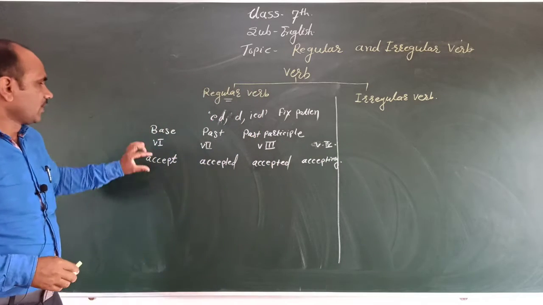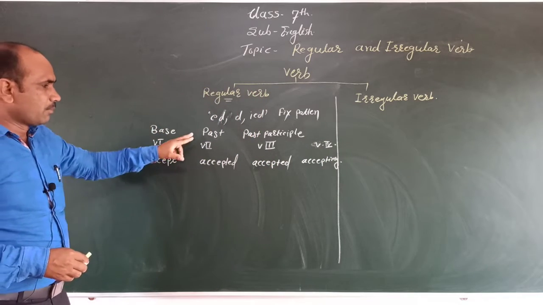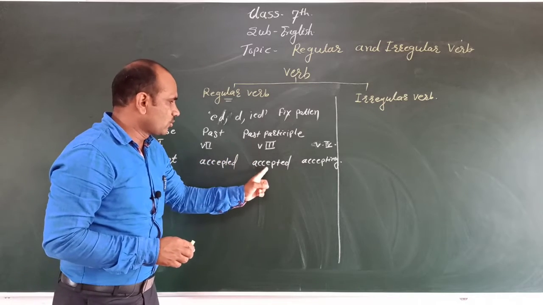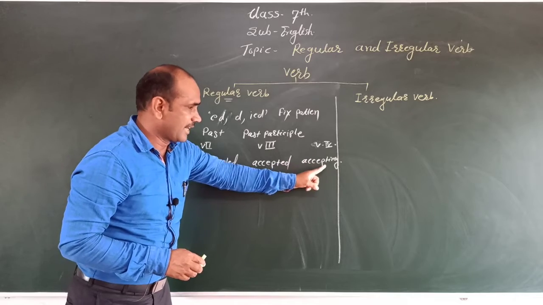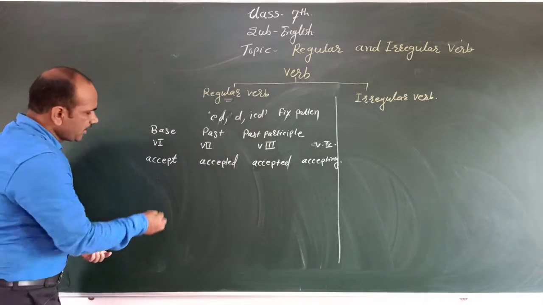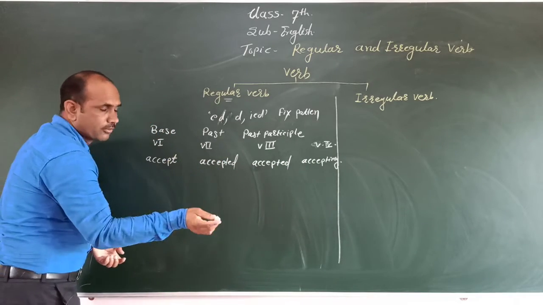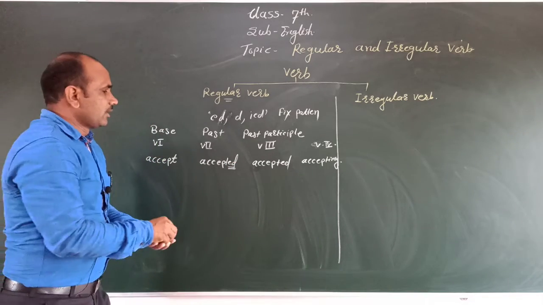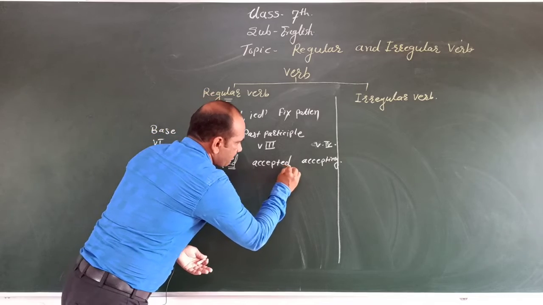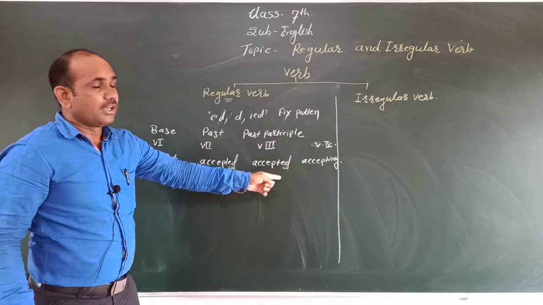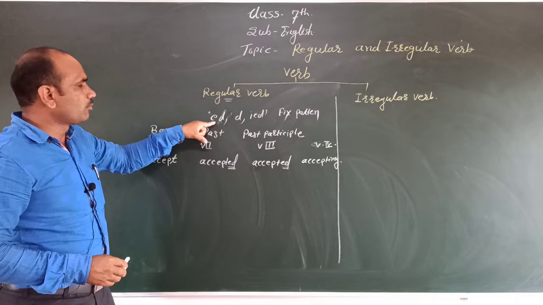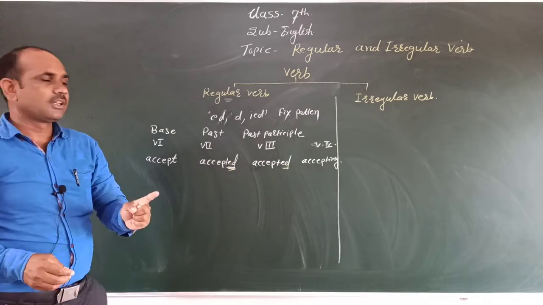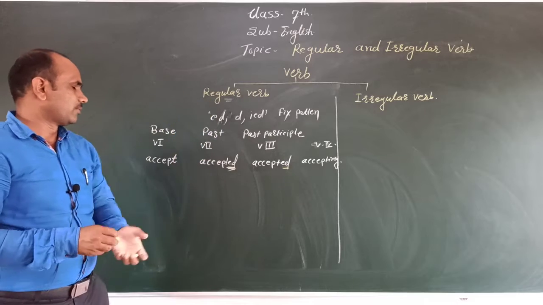Now pay attention here: the base form is accept, the second form is accepted, the third form is also accepted, and the fourth form is accepting. Accept is the first form of the verb. At the end of the verb we add ed, and in the past participle we also add ed. That verb we call the regular verb.